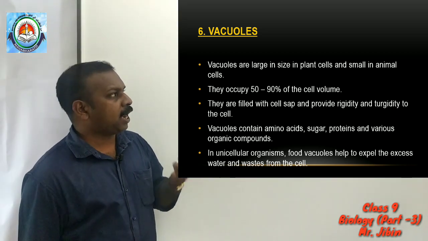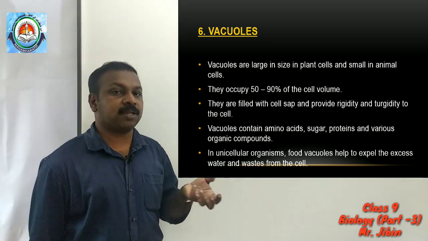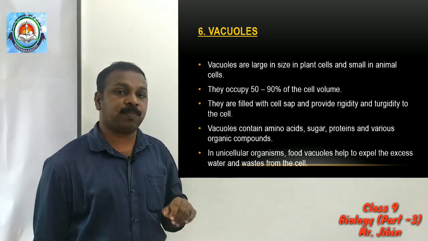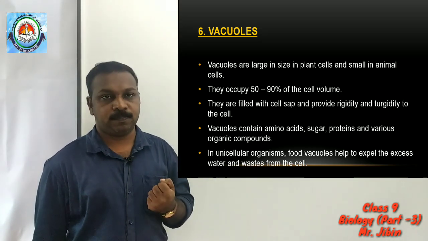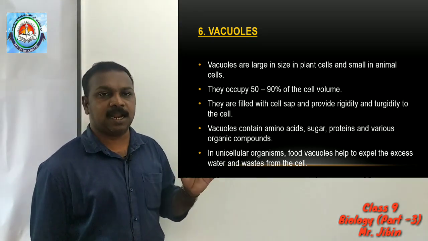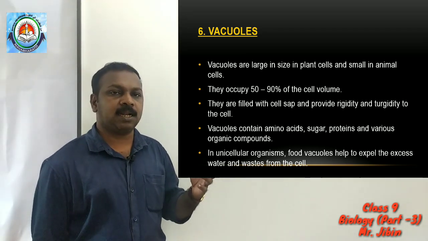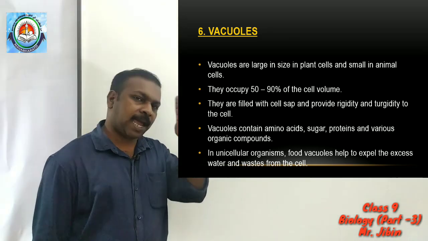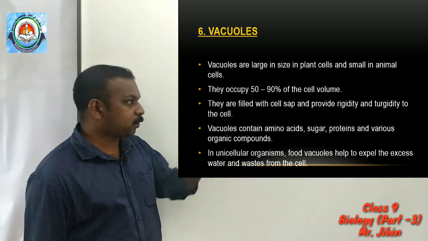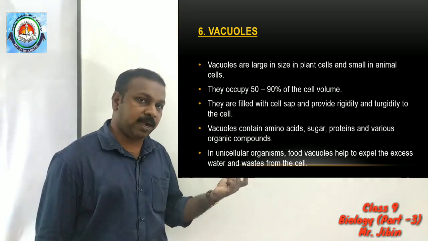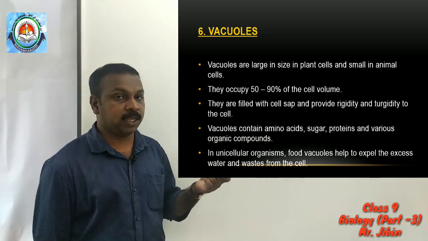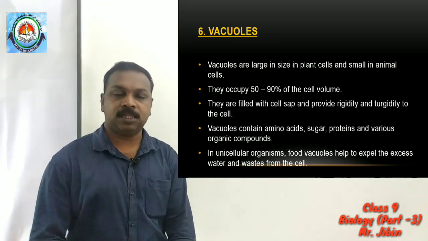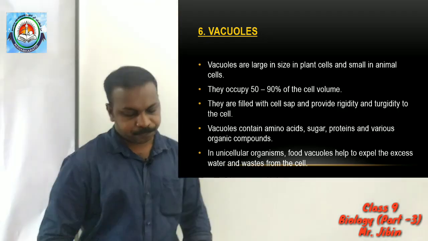So in a plant cell, about 50 to 90% of the volume of the cell is occupied by the vacuole. Suppose if we consider a plant cell, we can see that the maximum space in the cell is occupied by vacuoles. But in animal cells, these vacuoles are very small.